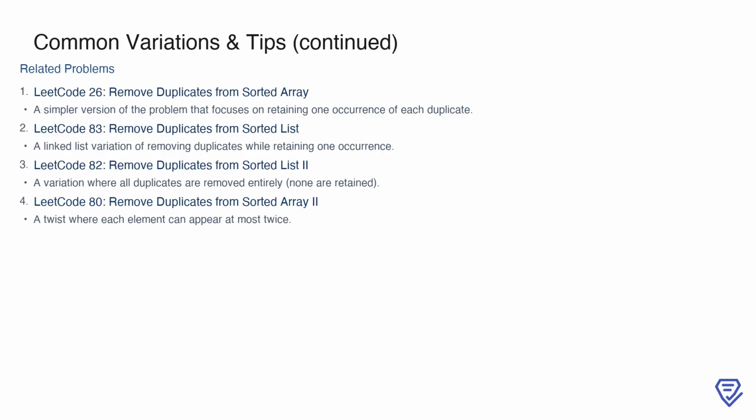The problem we're discussing, LeetCode 82, focuses on removing all duplicates entirely, leaving no occurrences. Lastly, LeetCode 80, Remove Duplicates from Sorted Array 2, introduces a twist where each element can appear at most twice. Exploring these related problems can give you insight into different variations and the techniques required to solve them.